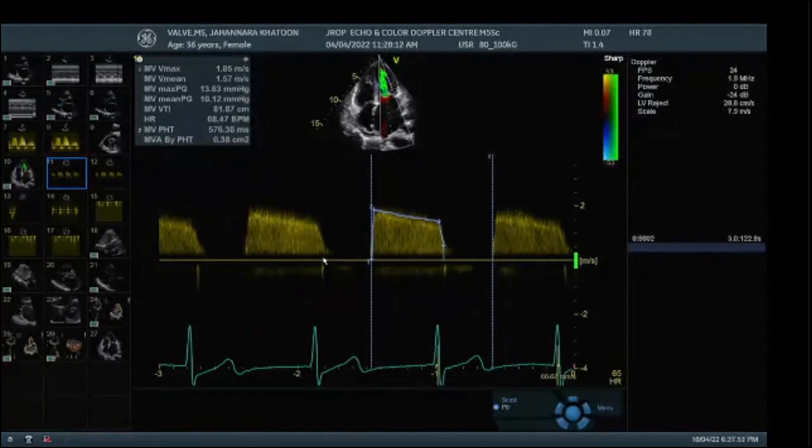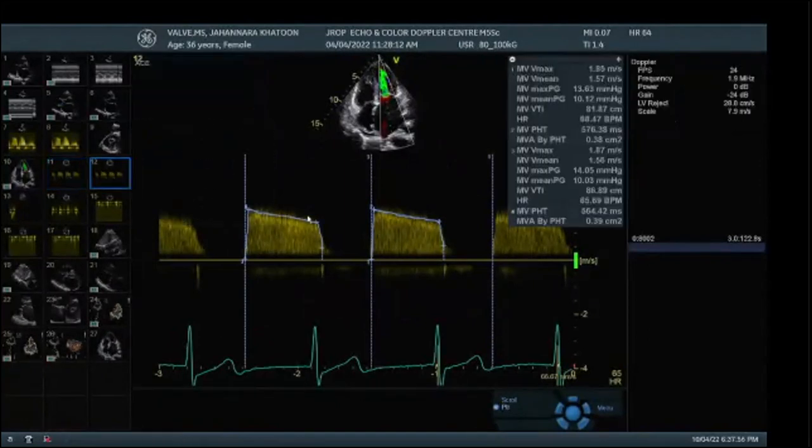So what we recommend is, we collect multiple views, take multiple patterns, and then give the average of 5 values. Like this is 1.85, next is 1.87, 1.57, 1.56. So we'll collect 5 values and give the average of these values.